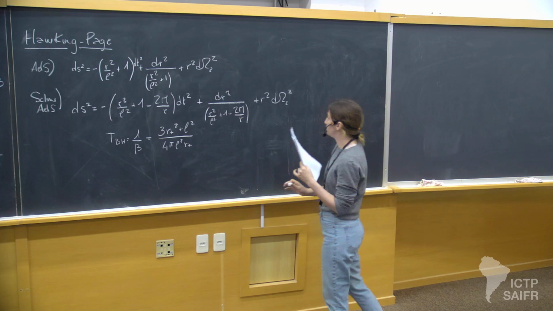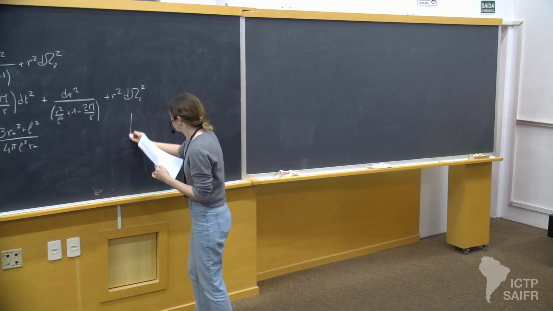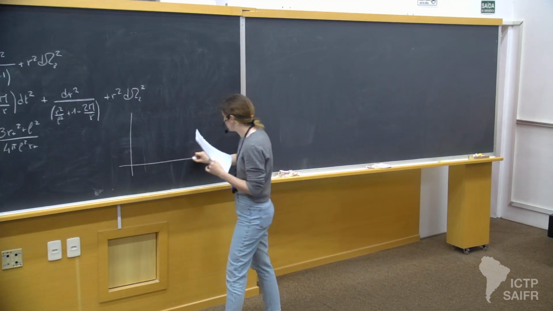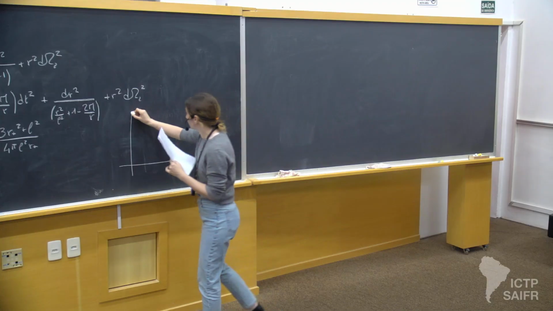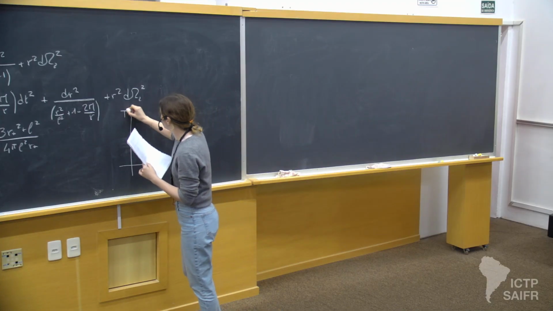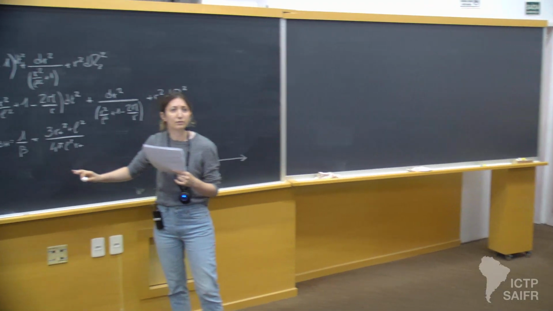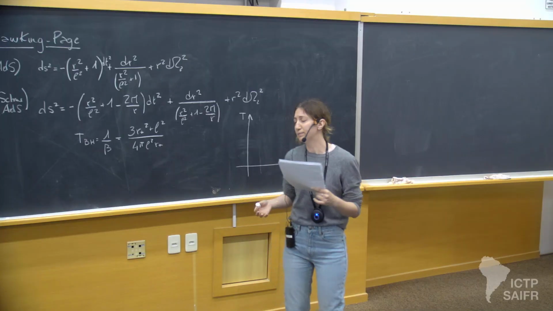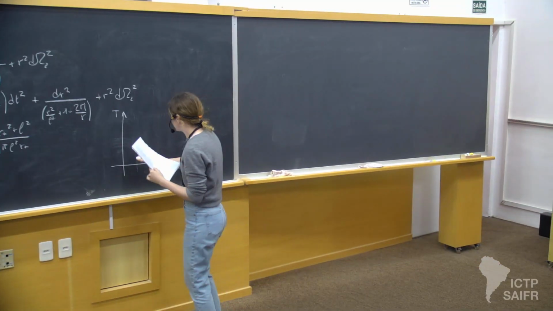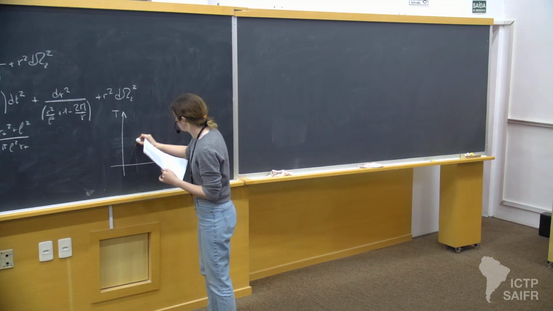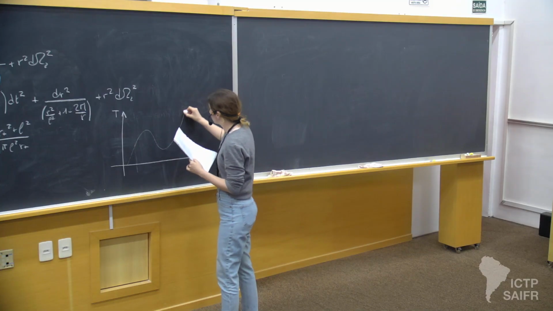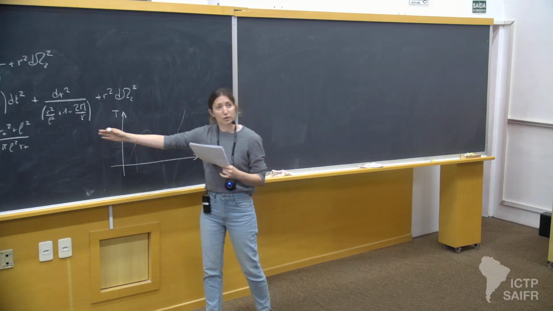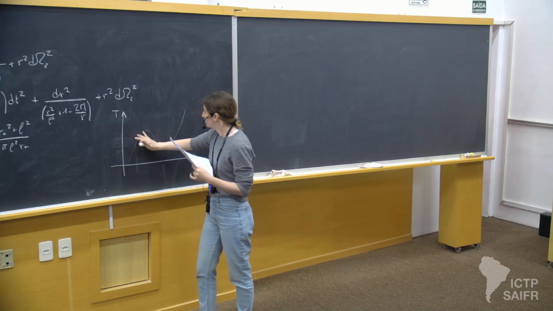Also for these configurations, as I was mentioning yesterday, you have 2 different branches of black hole. We had 3 different kinds of configuration for charged black holes. The fact that you don't have charge here makes this last branch disappear.